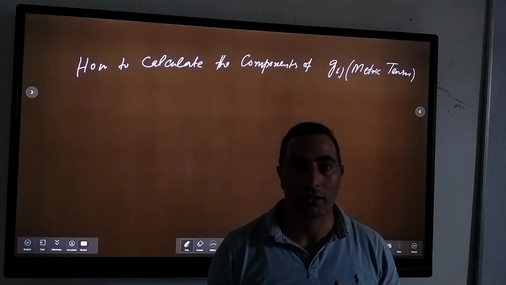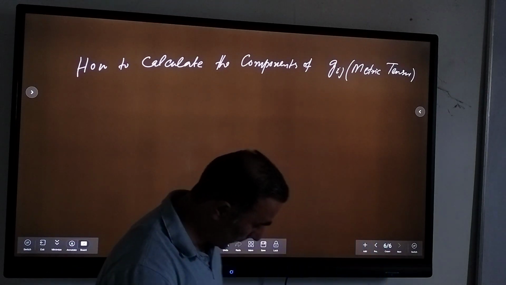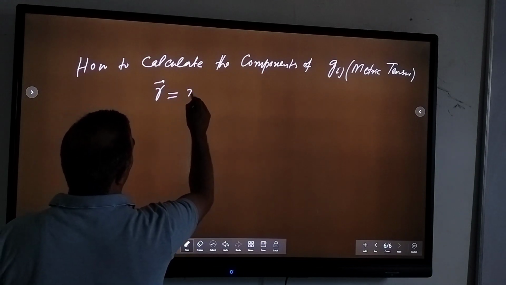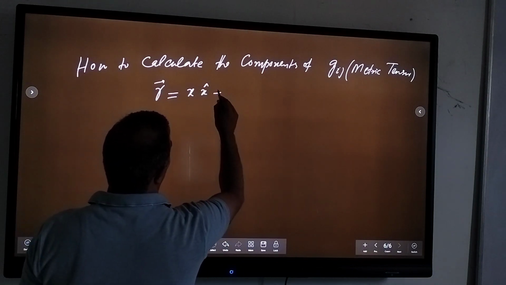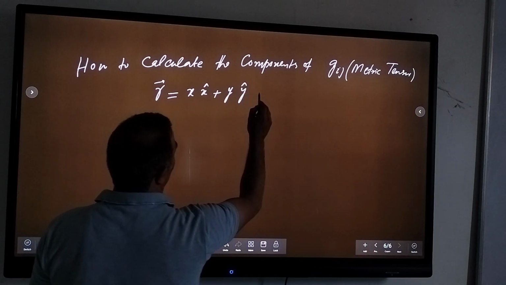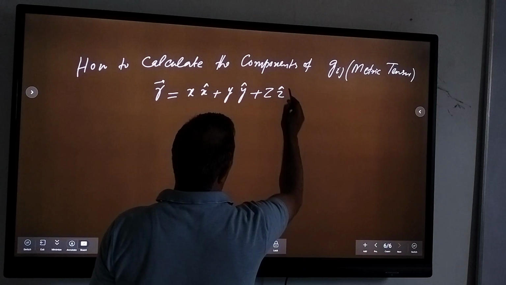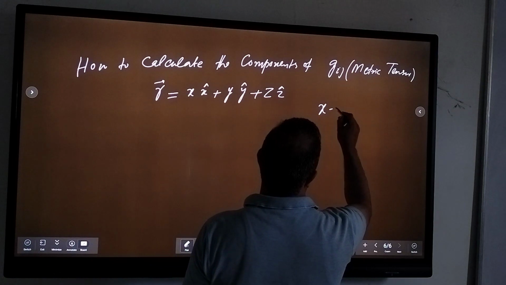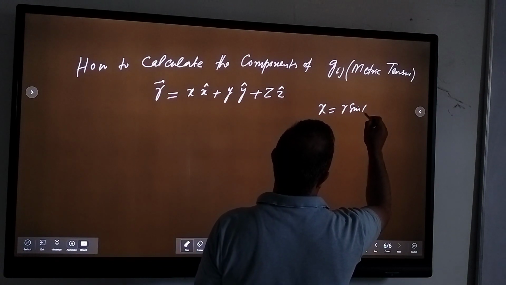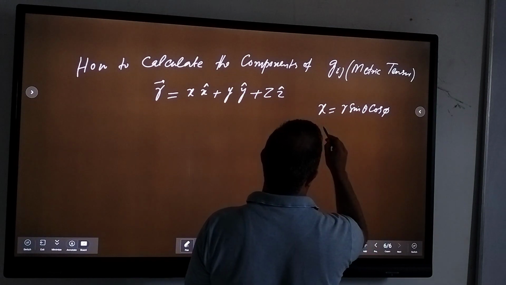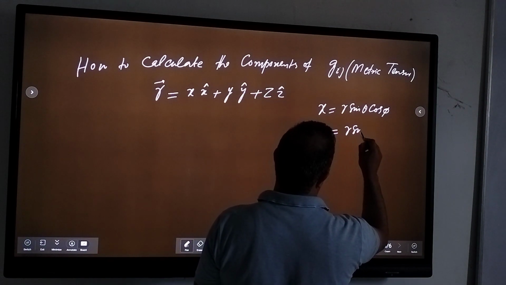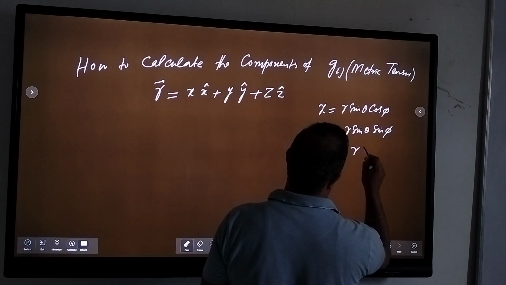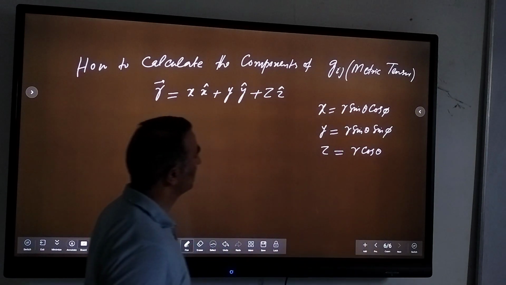So let us calculate first for spherical polar coordinates, because for spherical polar coordinates, our R vector is simply x square... And what's our x here? Because x is equal to, okay.